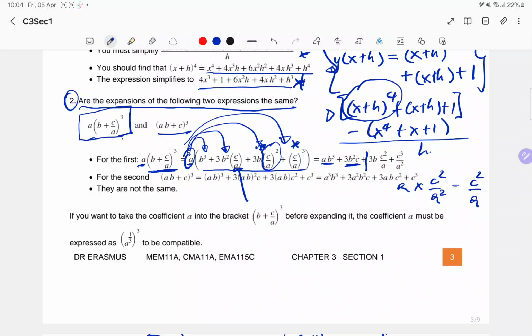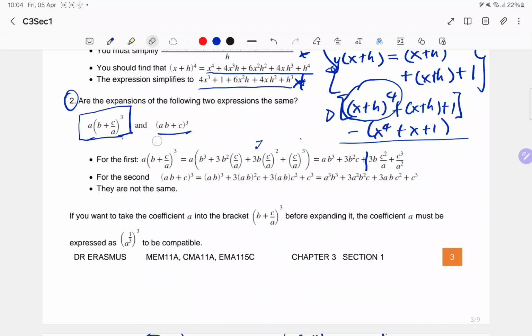So that's why you have 3b times c squared over a and not a squared. You do the same for the last term, so you're going to have c cubed divided by a squared. This is as far as you can go in simplifying this expression. So you stop there.